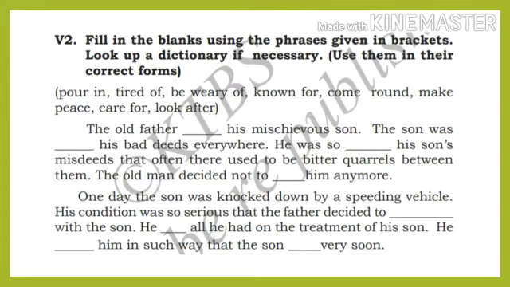So you can write: the old father is tired of his mischievous son. The son was known for his bad deeds everywhere. There are certain gaps. You have to look at the dictionary, find out the meanings of these phrases, and use them correctly.